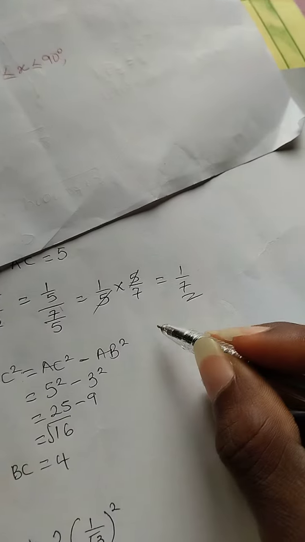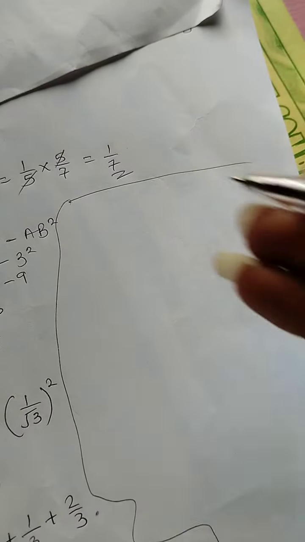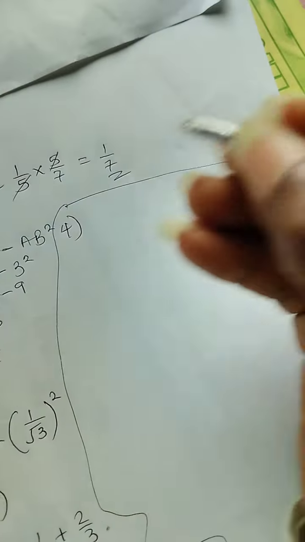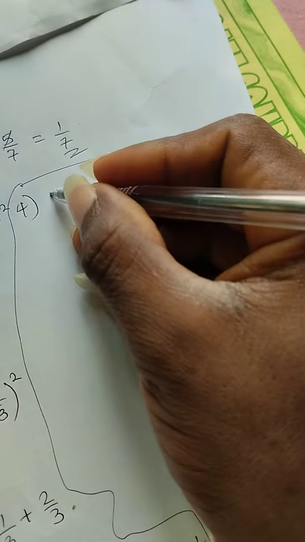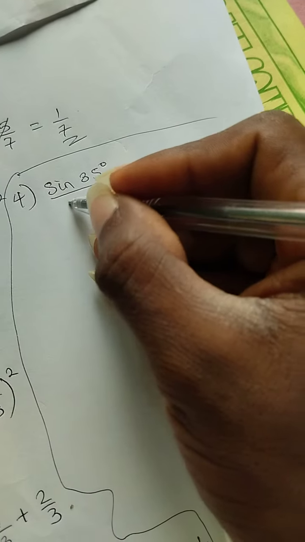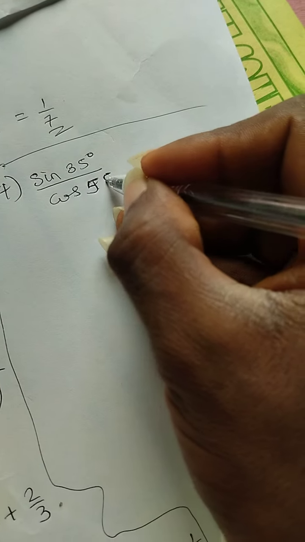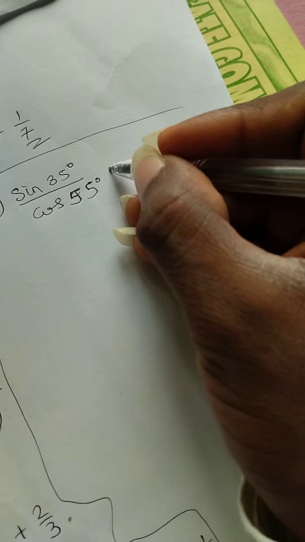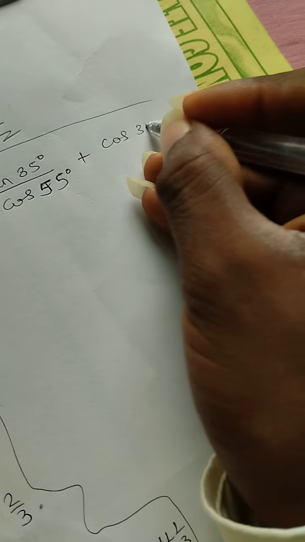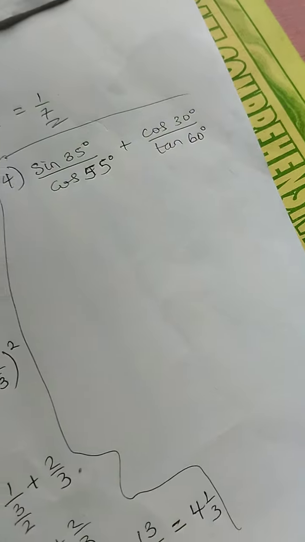So for number 4, I'm having sine 35 degrees over cos 55 degrees plus cos 30 degrees over tan 60 degrees.